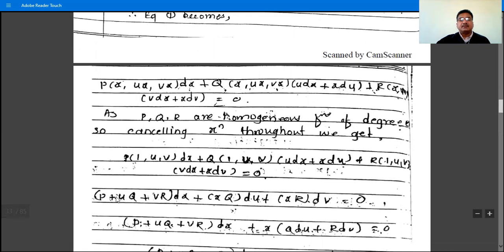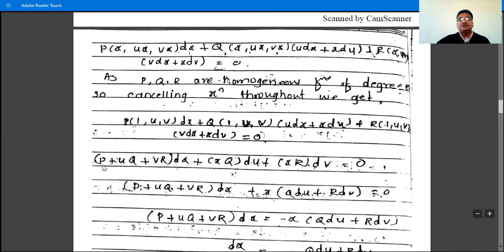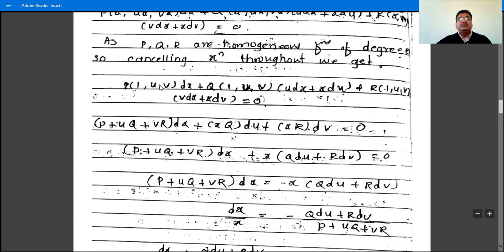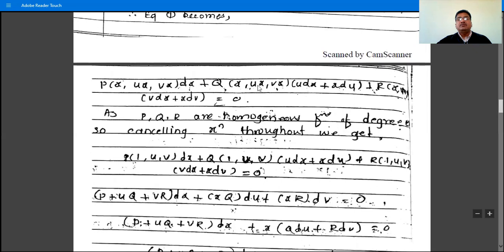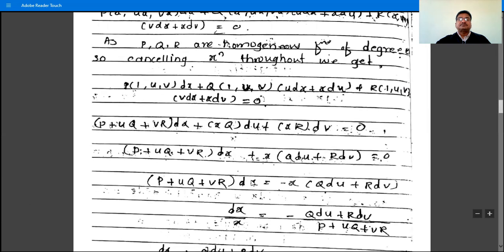Then what we have? P1(1, u, v) dx plus Q1(1, u, v) times (u dx plus x du) plus R1(1, u, v) times (v dx plus x dv) is equal to 0.